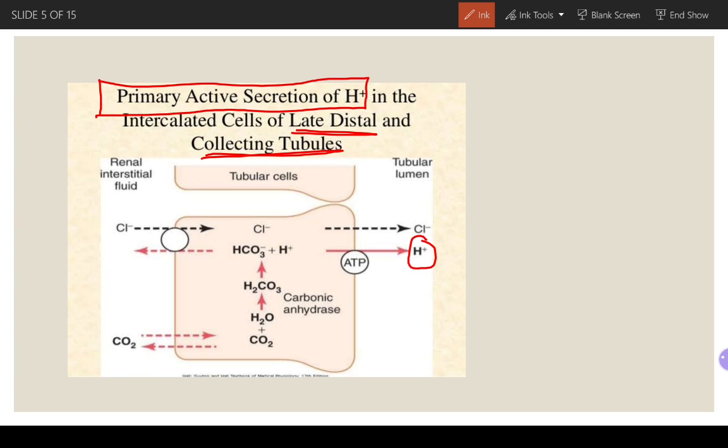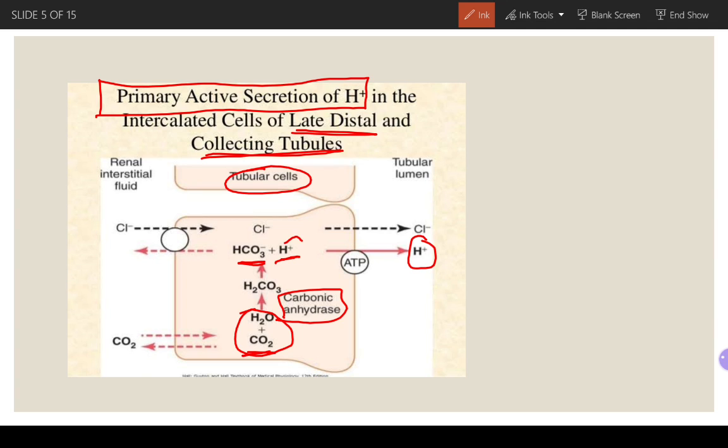That is a decrease in pH if you have any acidosis. So the mechanism here goes like, first there is hydration of carbon dioxide, which leads to formation of H2CO3 again in the presence of carbonic anhydrase, and this carbonic acid splits into HCO3 minus and H plus, and this occurs in the tubular cells.